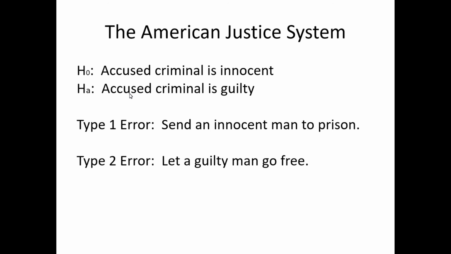You definitely want it to be the case that innocent people are not in jail, but you also want it to be the case that if people are committing crimes, they're paying the penalty for those crimes. So this hopefully highlights the idea that as you're creating these statistical tests, there's trade-offs in how confident you want to be.